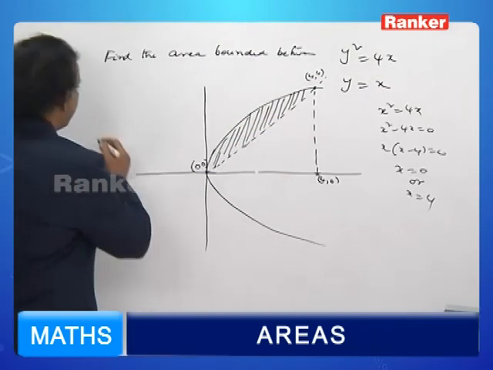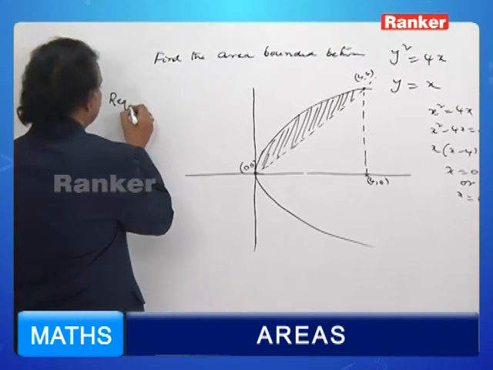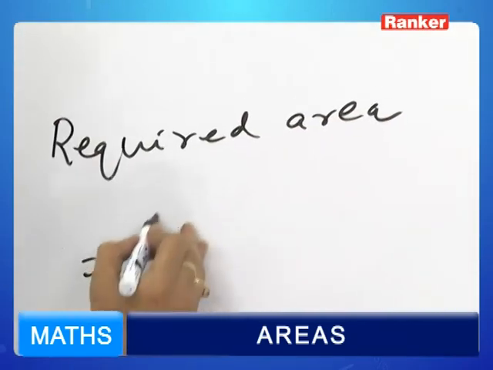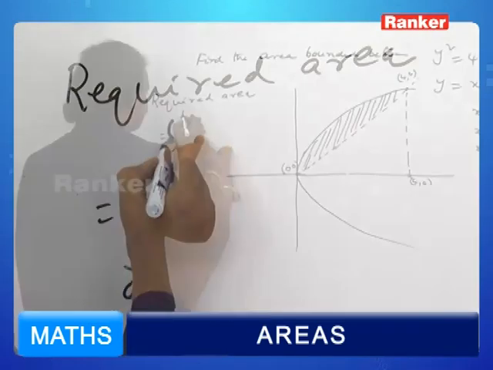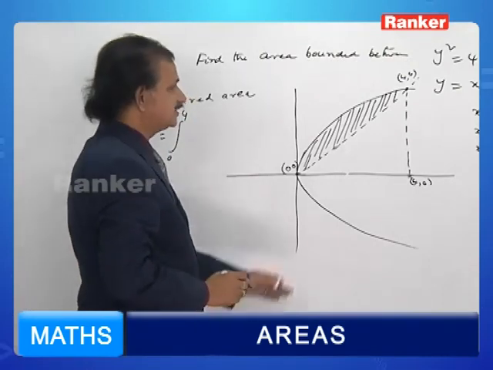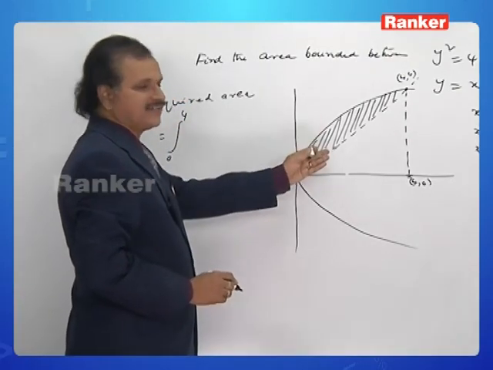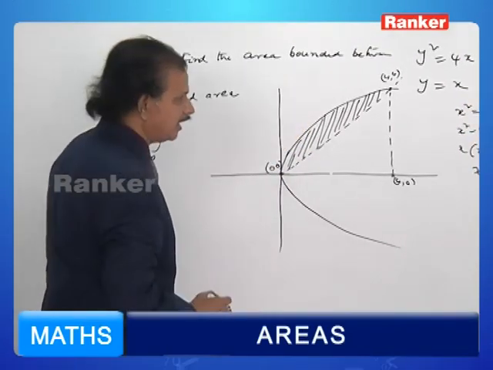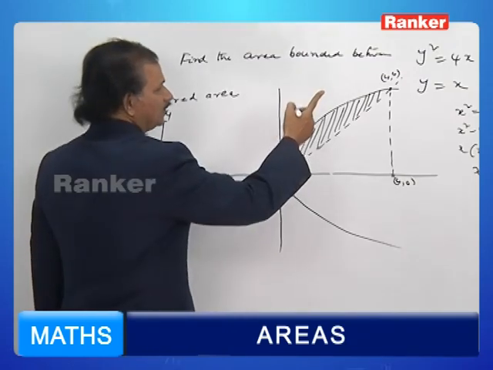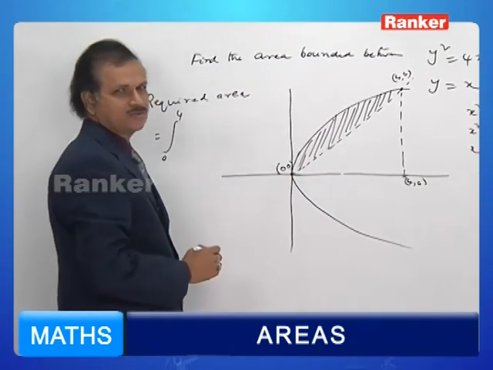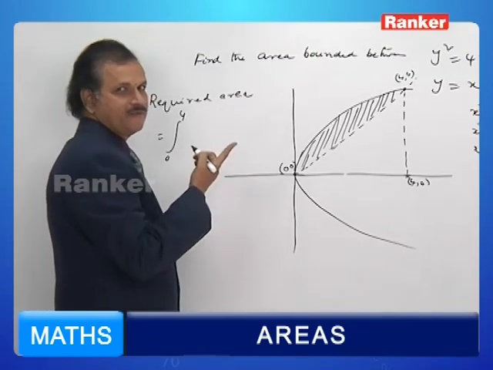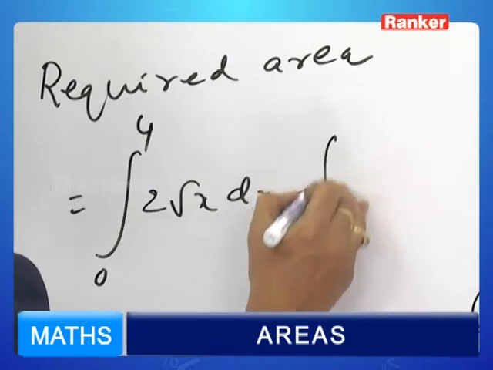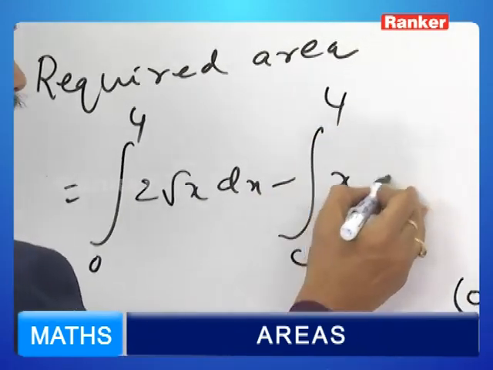Therefore, the required area is equal to integral 0 to 4, which curve lies at the upper place? y square is equal to 4x or y is equal to x? You please look, y square is equal to 4x lies here in the upper place. y is equal to plus or minus 2 root x, or 2 root x. We are in the first quadrant, hence it is integral 0 to 4 of 2 root x dx minus integral 0 to 4 of x dx.